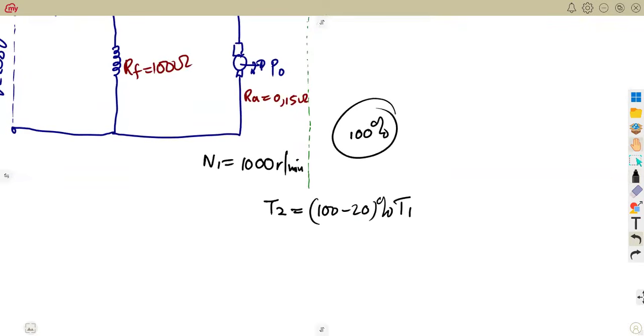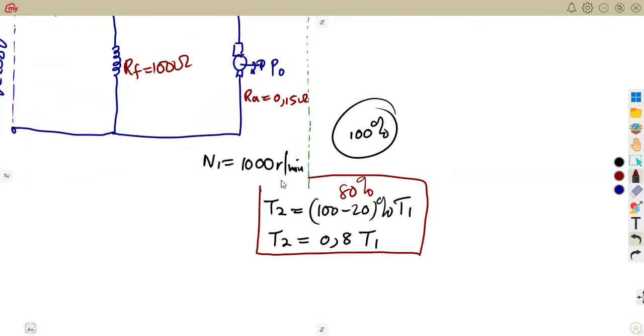So guys, 100 minus 20 is simply 80%, and as a decimal, if you divide by 100, it's going to be 0.8 of T1. So this is just a condition to be used about the torque.